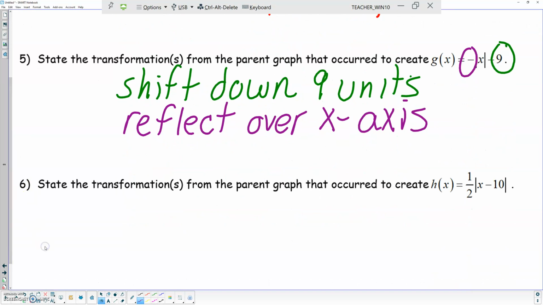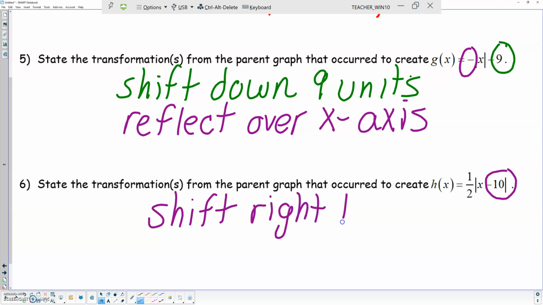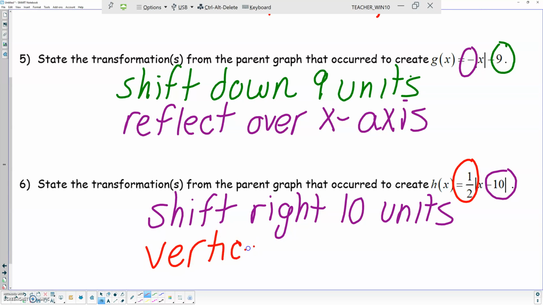Okay, number 6 is the same thing, state the transformations. So when I subtract 10 inside of the absolute value symbols, that means we're going to shift to the right 10 units. And then the 1/2 in front is a vertical compression of 1/2.